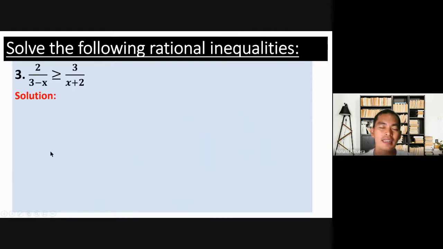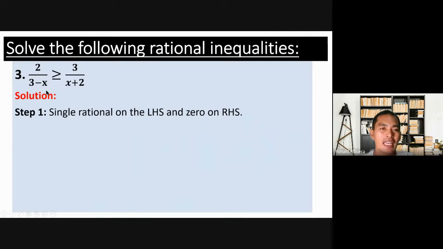Another, last. Suppose the given inequality is 2 over 3 minus x is greater than or equal to 3 over x plus 2. Your first step is to make the left-hand side of the inequality a single fraction and the right side is 0.